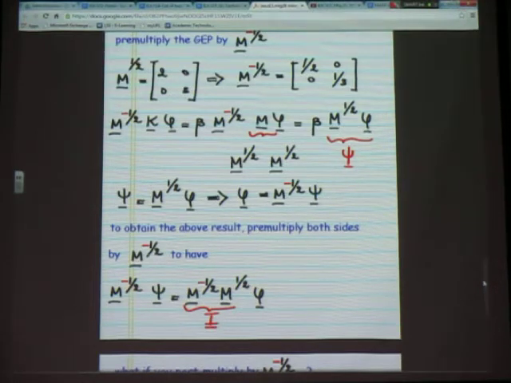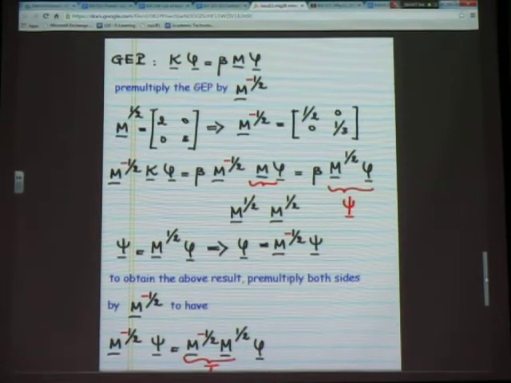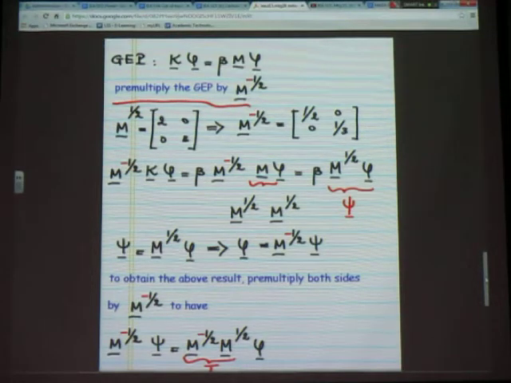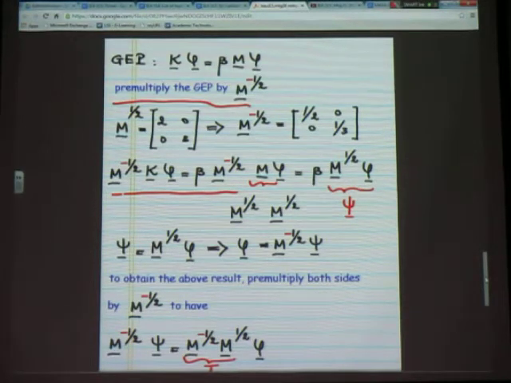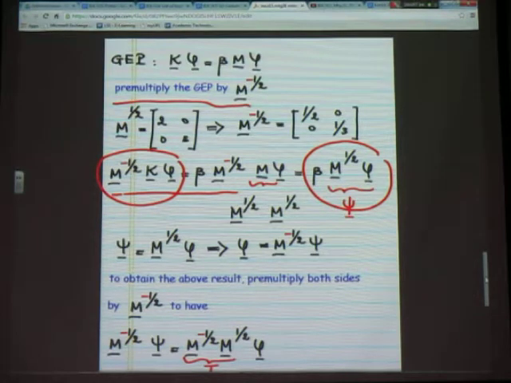If you pre-multiply the generalized eigenvalue problem by m to the minus 1/2, then you can cancel one of the factors m to the power 1/2, so that the end result on the left hand side is m to the minus 1/2 k times phi, and on the right hand side you have beta m to the power 1/2 times phi, the eigenvector phi.